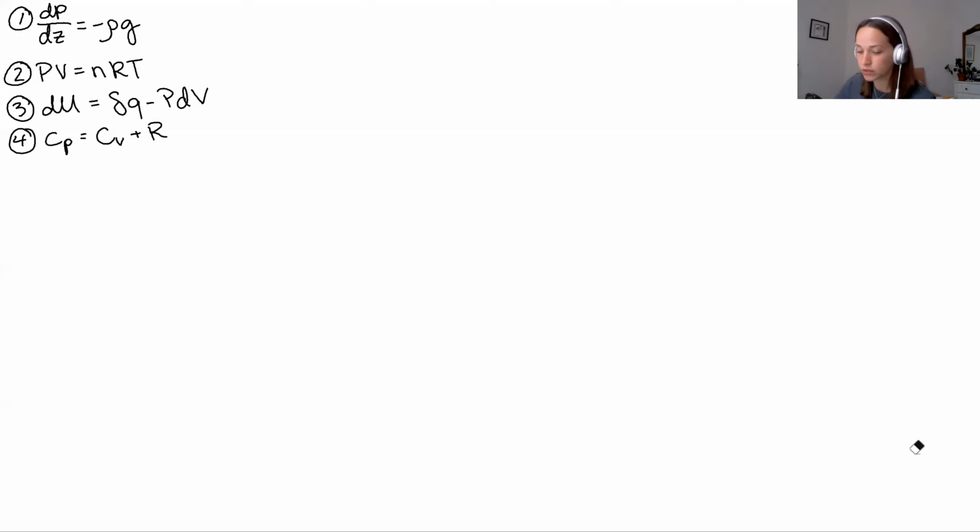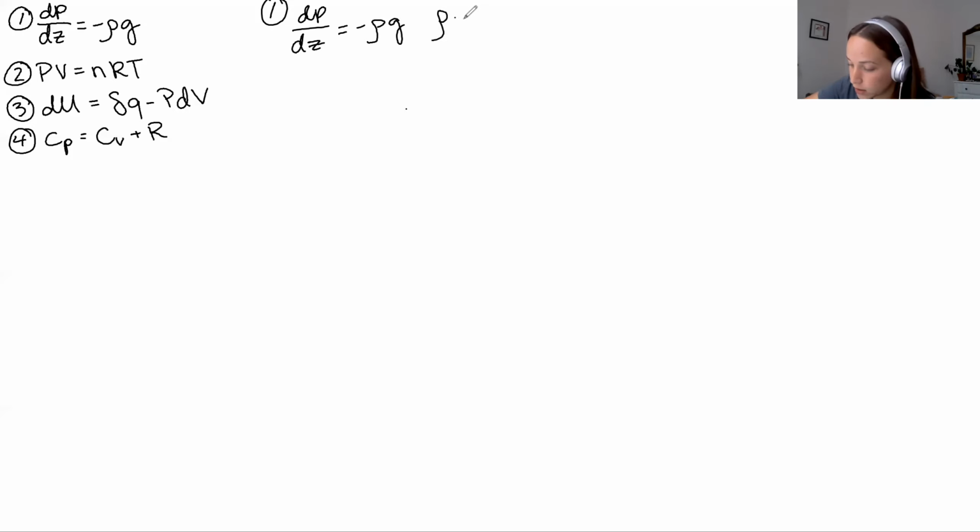Okay, so we're going to start with the first equation, which is, again, the change in pressure with respect to position is equal to density times gravity.